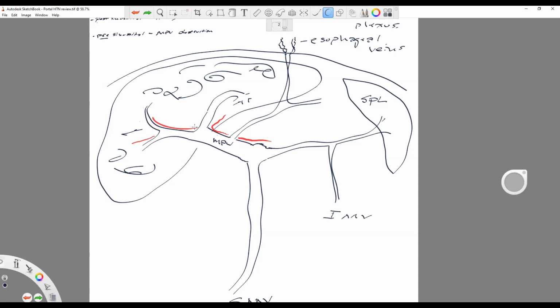Okay, so we have two blood supplies going in. Actually, most of the blood going into the liver under normal situations comes from the main portal vein, but it's low pressure, low blood pressure in millimeters of mercury.